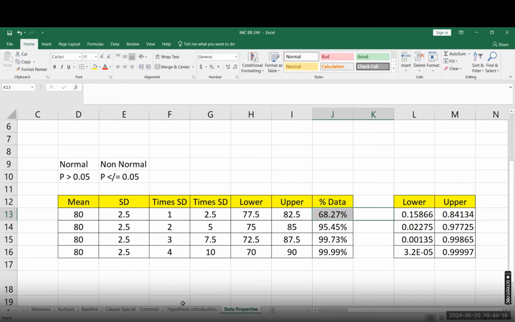In case I am increasing the variability of my process, I am saying 2 times of standard deviation. So 2.5 into 2 is 5. 80 minus 5 is 75. 80 plus 5 is 85. So between 75 and 85, at least 95.45% data should fall.